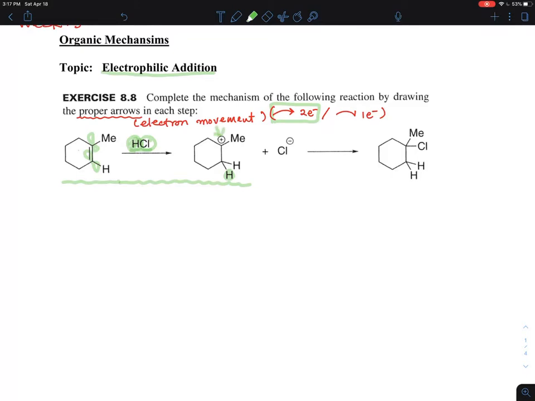So how this can occur is you would write H plus and Cl minus dissociation, and then there is a double bond, which has two electrons, and they are going to form a bond. You're creating a new CH bond at the bottom. Okay, so that's what the reaction arrow should look like, strictly following the scheme.